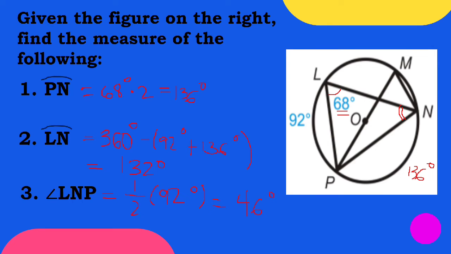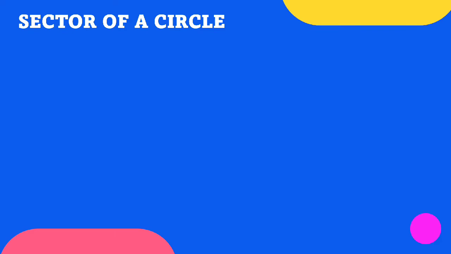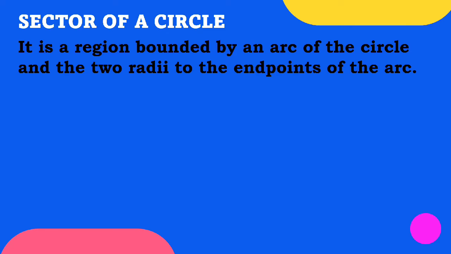Let's proceed to our lesson proper. Sector of a circle. It is a region bounded by an arc of the circle and the two radii to the endpoints of the arc. In this figure, the shaded part, which is colored green, is what we call a sector.